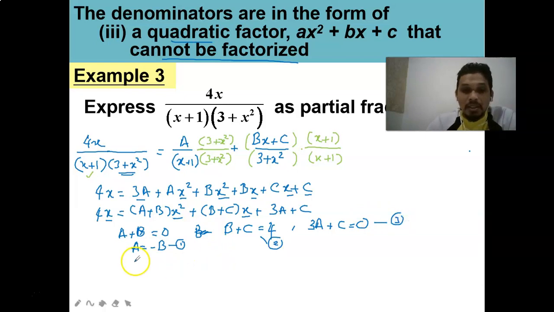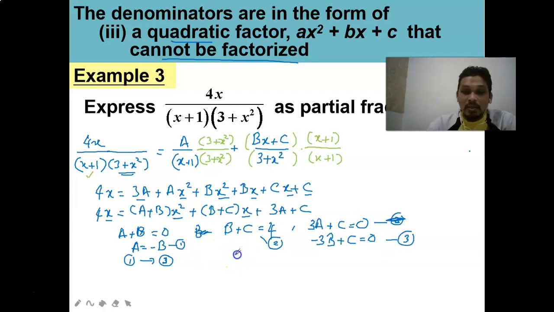Substituting equation 1 into equation 3, A equals negative B, so we come out with 3 times negative B, or negative 3B, plus C equals 0. Now let's compare this, negative 3B + C = 0, with B + C = 4. Let's say this is equation 3.